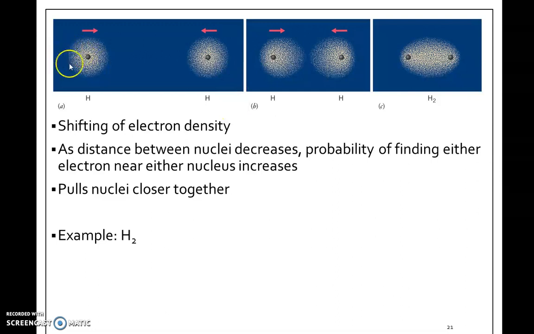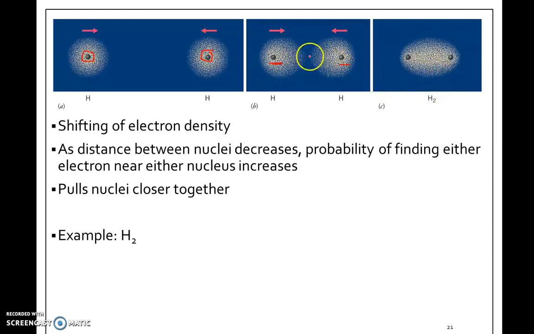For my visual learners, if you recall from chapter 6, we don't know where the electrons are exactly, but we do have a probability density that we call the orbital. When two atoms get closer and closer together, the positively charged center, let me get my pen, you can see here circled in red, the positive centers of this atom and this atom, when they get closer together, they start to move apart.